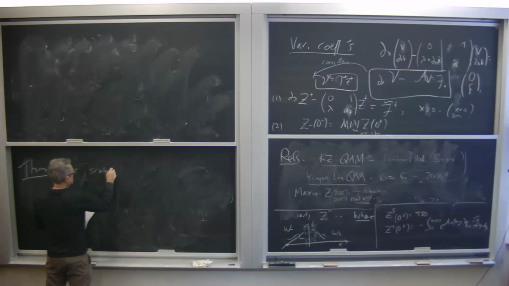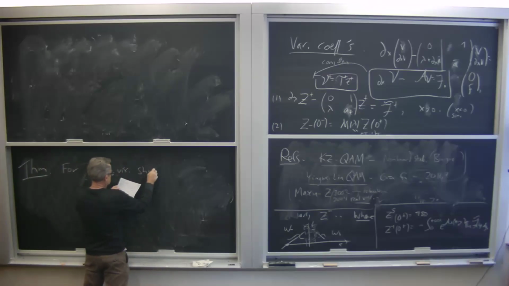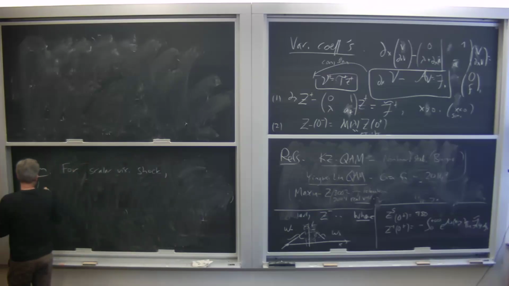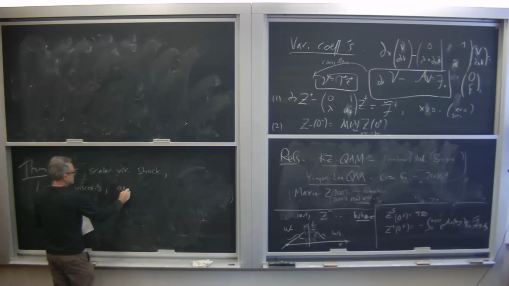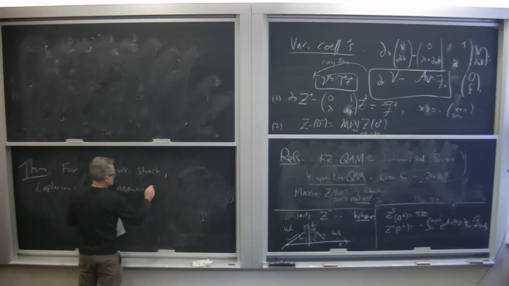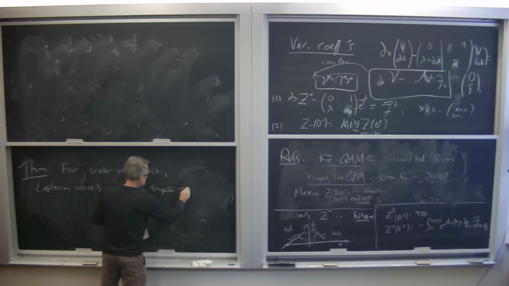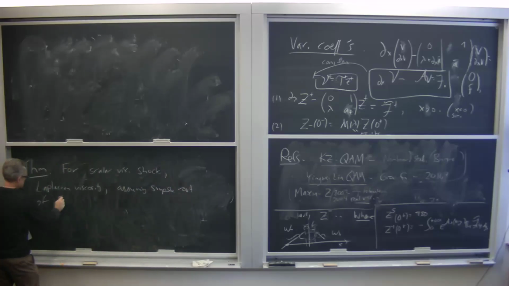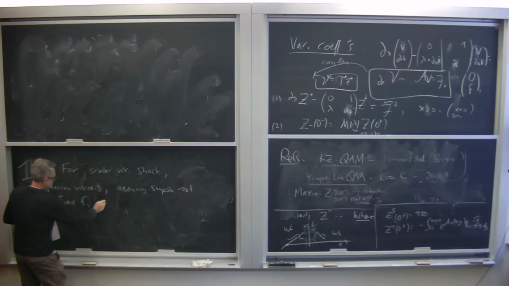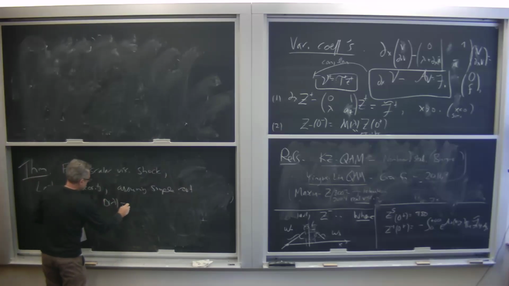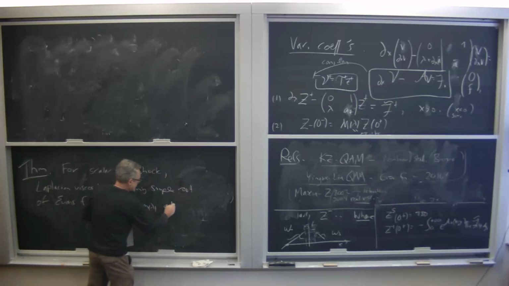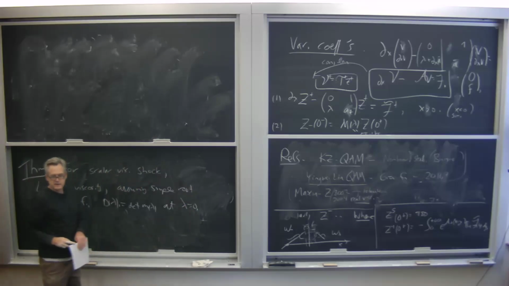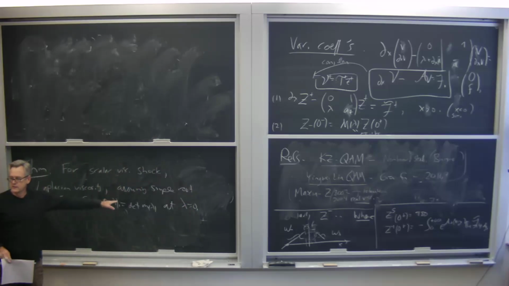For the scalar viscous shock, Laplacian viscosity, assuming a simple root of the Evans function, which is defined as the determinant of our little m of lambda at lambda equals 0. That's not hard to prove, but we didn't prove it yet.